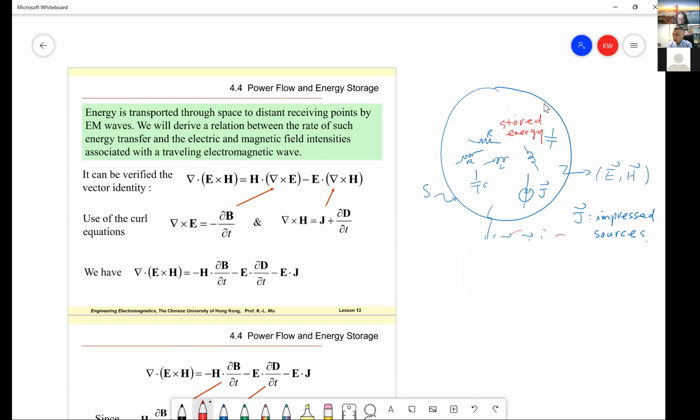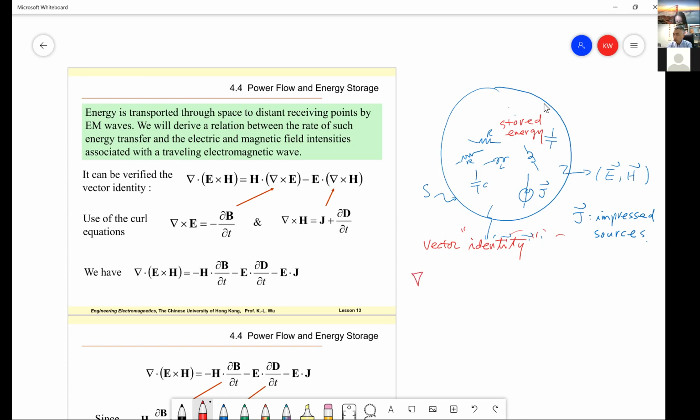So we use a vector identity. We call it an identity, that means no matter what the physical quantity is, this equation is always true. So we don't prove it. This is a very common vector identity.